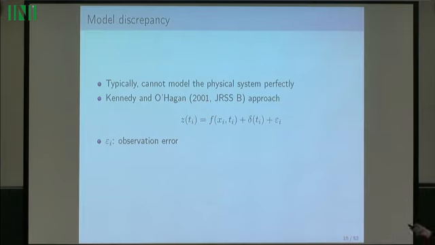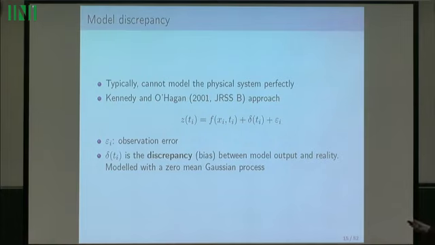What we say is that what we observe, and sorry, it's a typo, that should be x star. So we're going to imagine there's a single input x star, so that what we observe is our model at some calibration inputs, and then we've got this observation error here, and then we've got this extra term here, which represents this discrepancy. It's the bias between the model output and reality.